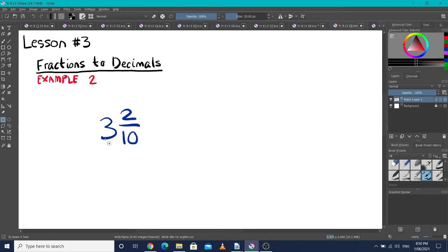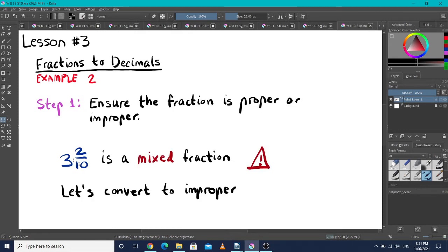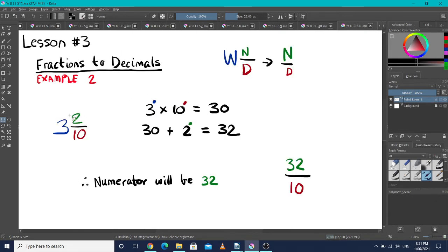We are now going to look at a second example, which is a mixed fraction, 3 2/10. As this is a mixed fraction, we must convert this to an improper fraction. We are quickly going to run through the conversion, but if you want a more detailed explanation, then go back to lesson 2.